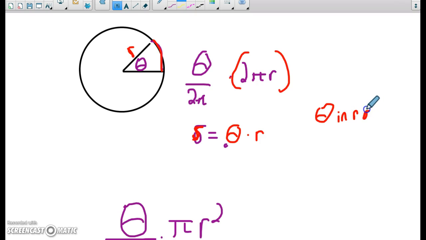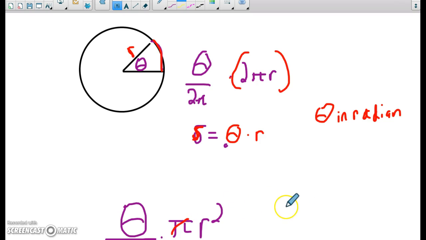I can think of this also with the area of a circle. We know the area of a circle is pi r squared. So if I wanted to know the area of this sector, I would take the ratio of the angle in radians over the whole circle in radians, and then multiply it by the area. But again, notice what happens. The pi cancels out.